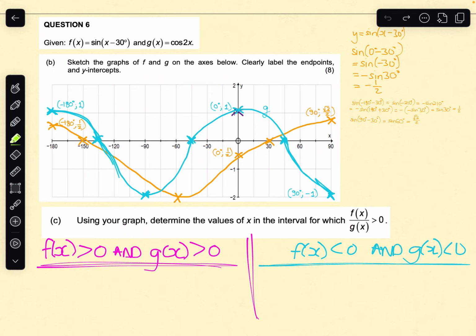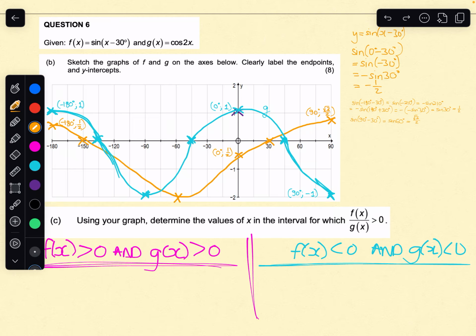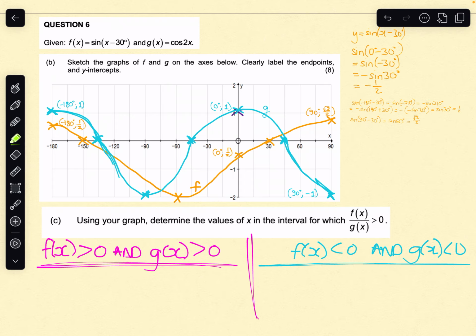Oh, that's not f. F is the orange guy. You see, this is why we need to label our graphs. Right, so looking for where it is positive, that would be this piece, and then it is negative for a while, and then it becomes positive again over here.